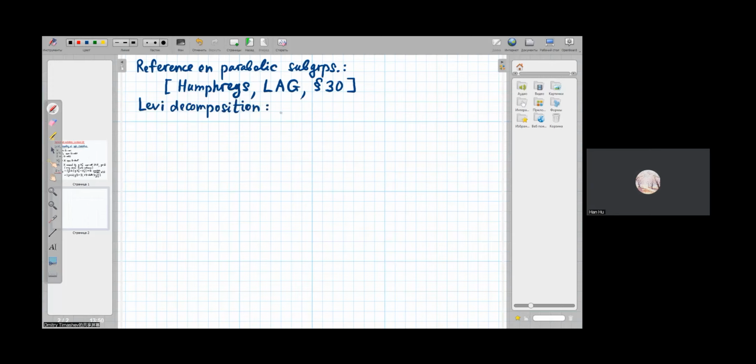The parabolic subgroup P can be decomposed as a semi-direct product of a normal unipotent subgroup P_U and a reductive subgroup L. This normal unipotent subgroup is called the unipotent radical. It is the largest normal unipotent subgroup in P, and this L is reductive. It is called the Levi subgroup.